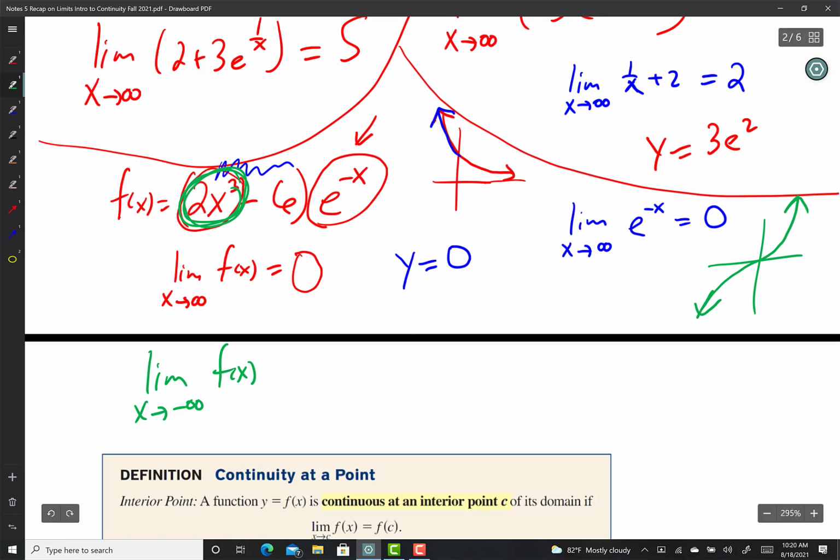So I have negative infinity because I'm going down forever times positive infinity. Now if we were subtracting, that might be something, but right now we're multiplying. Negative infinity times positive infinity is just going to give me negative infinity. Does that make sense? So we're thinking about the y values.